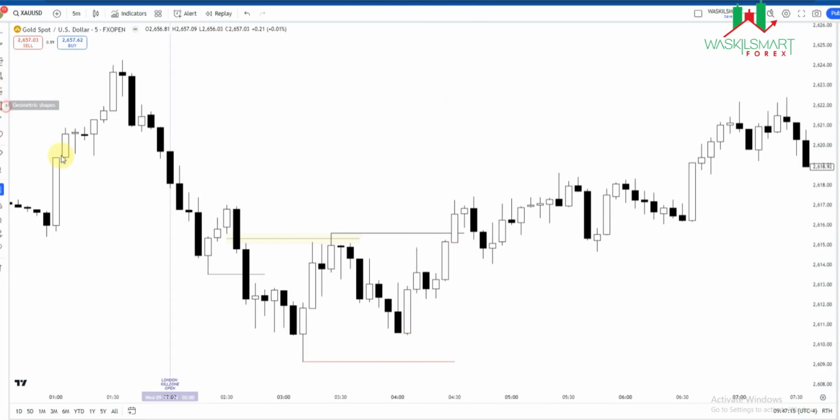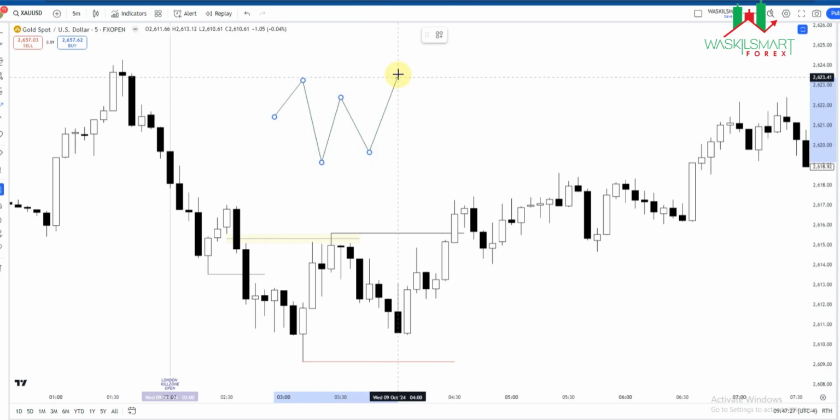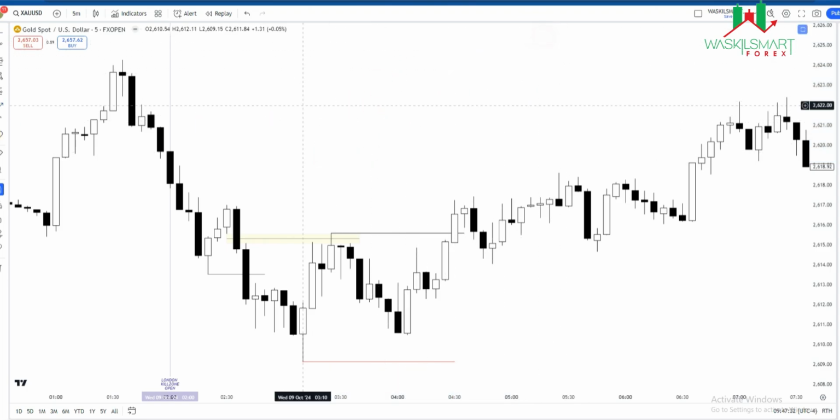For my explanation the other time, the market enters into a fair value gap, right? Let me do it on bearish so that you can understand. The market enters into a fair value gap, then reacts, the market breaks it, then look for a fair value gap and be a buyer. That's the same thing here.